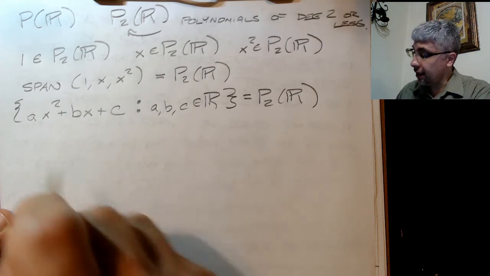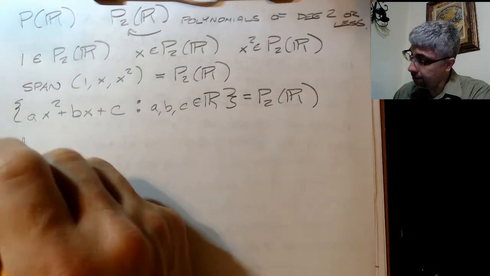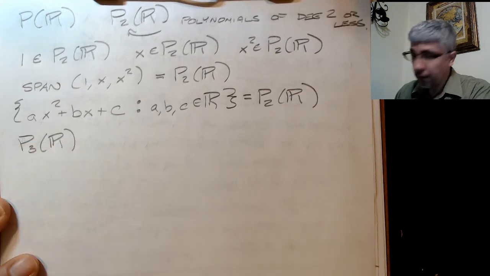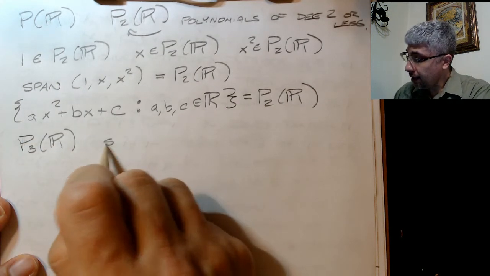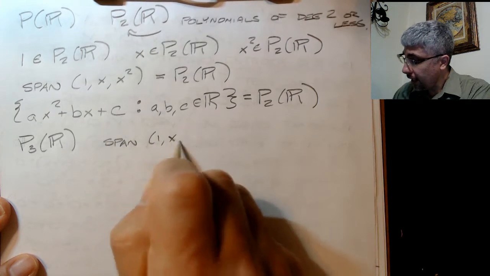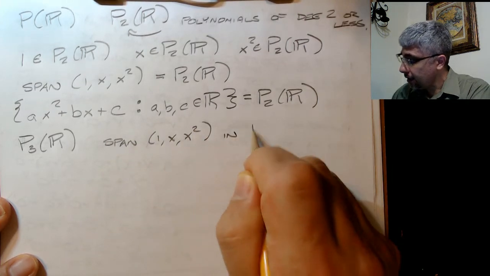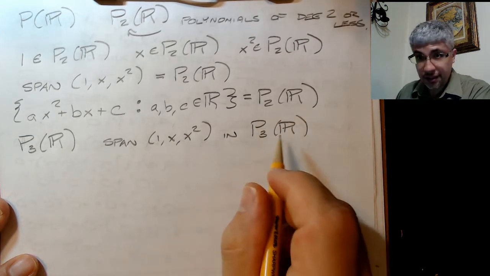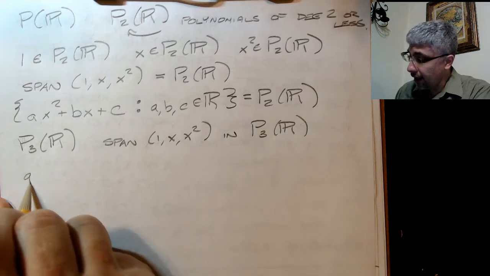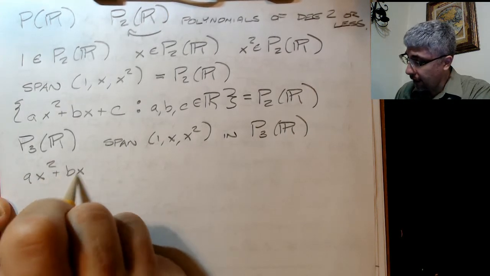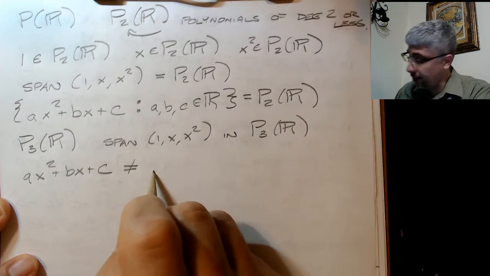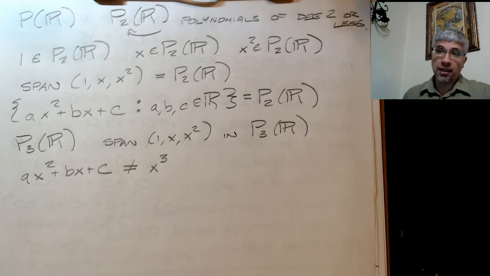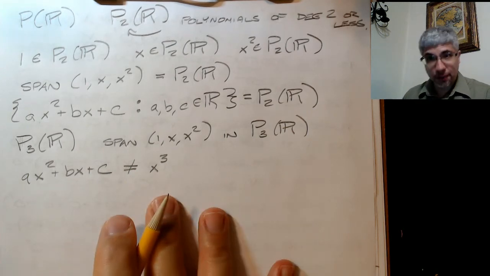If I were to take P3 of R, but take the span of 1, x, and x squared in P3 of R, I'm not going to get all of this vector space, because ax squared plus bx plus c will never be equal to, say, 1x cubed, or 2x cubed, or 3x cubed minus 1, or 3x cubed minus x, or any of those polynomials.